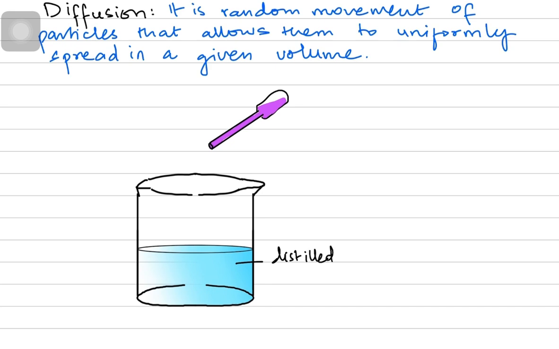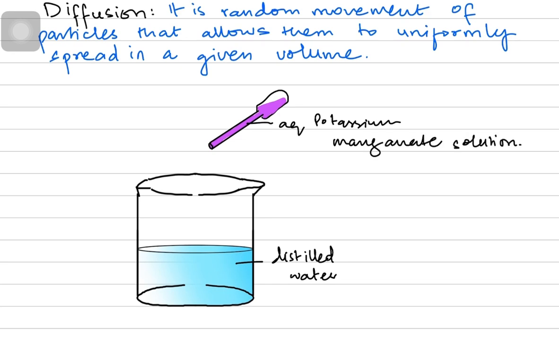Imagine you have a beaker containing distilled water and then you have a dropper consisting of aqueous potassium manganate solution, which is purple in color, right? So what happens because of the aqueous potassium manganate solution? Let's say it has a concentration of 0.100 mole per dm cube, and then within the distilled water there's obviously no potassium manganate, so the concentration is 0.00 mole per dm cube.